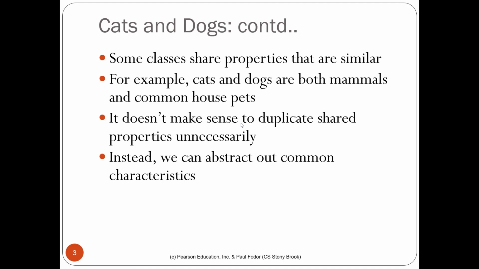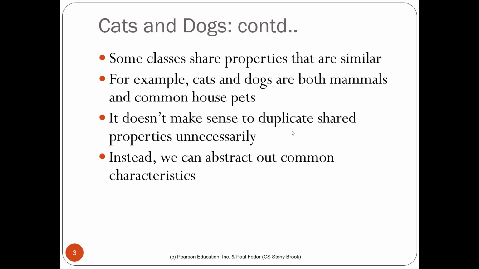So we should create a parent class like mammal, the way I created on the whiteboard. And what's the advantage? Why should we do that in the first place? Because we don't want duplication in our program. We don't want to write the same code at multiple places, because that is not considered a good programming technique. In object oriented programming, one of the advantages is that it helps us reduce duplication.